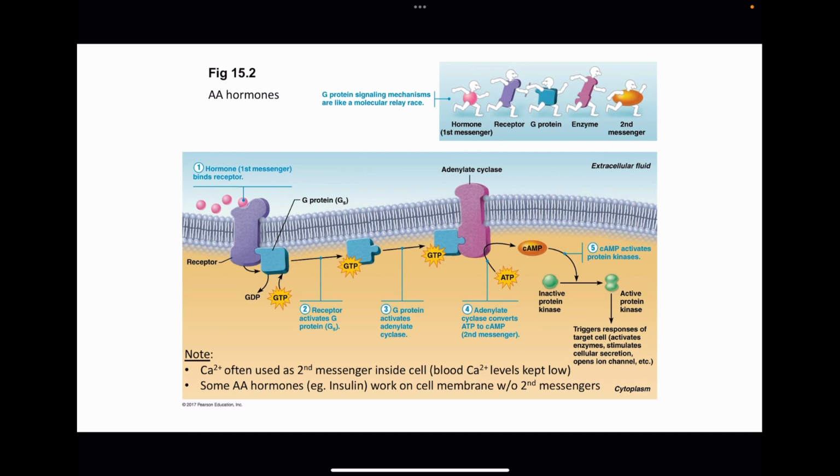But because it's used as a second messenger, we generally keep blood calcium levels pretty low, because if we had an excess of calcium, we may be causing unwanted reactions throughout the body, and we don't want that to happen. So we generally keep blood levels of calcium low because it can act as a second messenger in these systems. And there's actually some amino acid-based hormones like insulin that don't even use second messengers at all. Okay, so there's always going to be exceptions to these general rules.